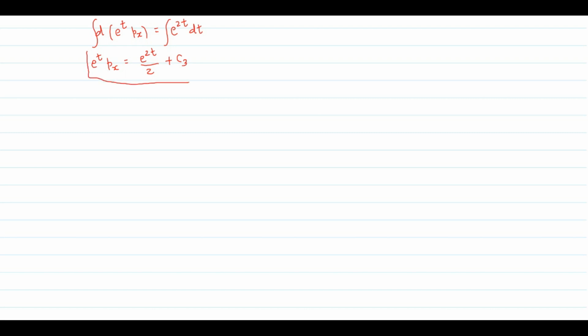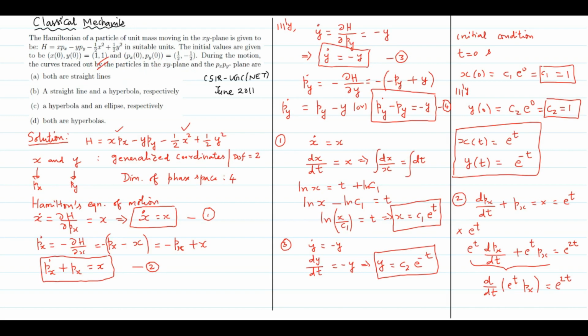Now we can further take the last equation, that is the fourth equation. The fourth equation is p y dot minus p y is equal to minus y.